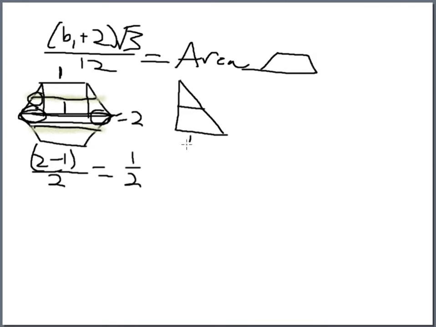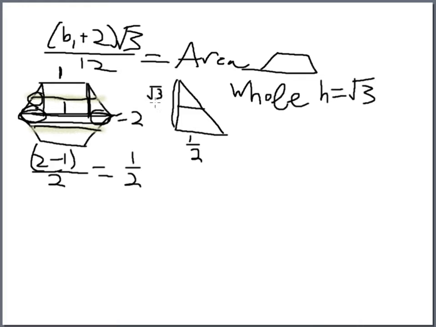So we have this larger base equal to 1/2, and then we have this upper height, and we know that the whole height is equal to √3, and because this is symmetrical, the height of this triangle is going to be square root of 3 divided by 2. So we have √3/2 right over here.